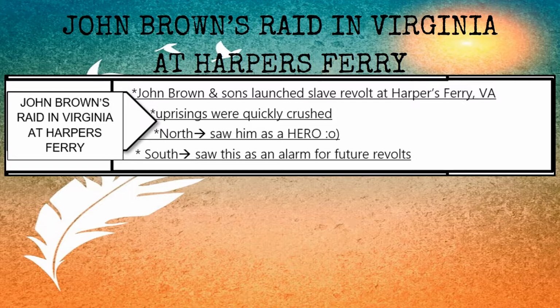All right, our next cause is John Brown's raid in Virginia at Harper's Ferry. So basically what happened is John Brown and his sons launched a slave revolt in Harper's Ferry, Virginia.